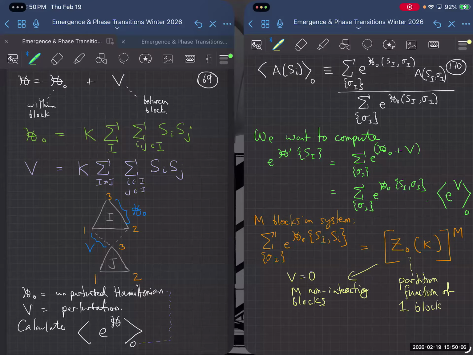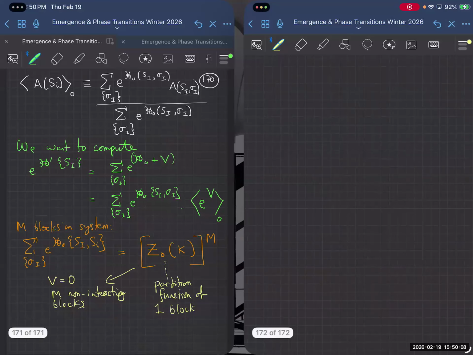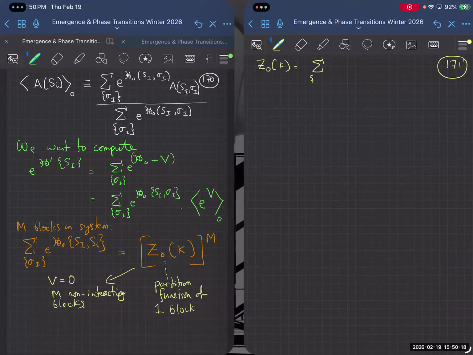Okay, so let me just spend one more minute computing that. So what is Z naught of k? It's the partition function for three spins. So I've got three spins, S1, S2, and S3, and the Hamiltonian is S1S2 plus S2S3 plus S3S1, and these are all in the same block i.